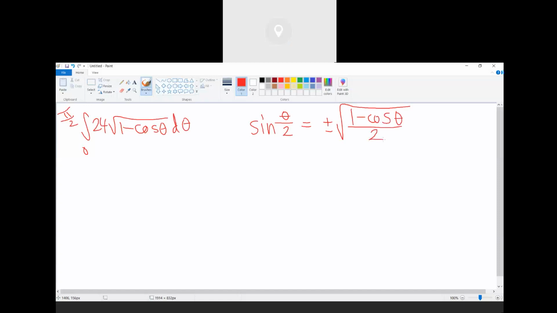Now that formula contains part of our problem, the square root of 1 minus cosine theta. So we need to get that square root of 1 minus cosine theta part by itself, actually.